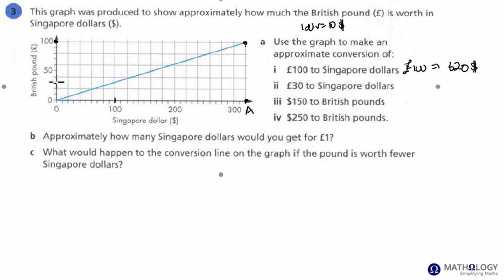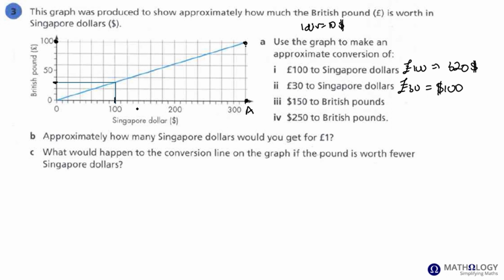Draw a horizontal line across to the straight line, and then we drop a perpendicular down. 30 pounds is approximately 100 Singapore dollars.